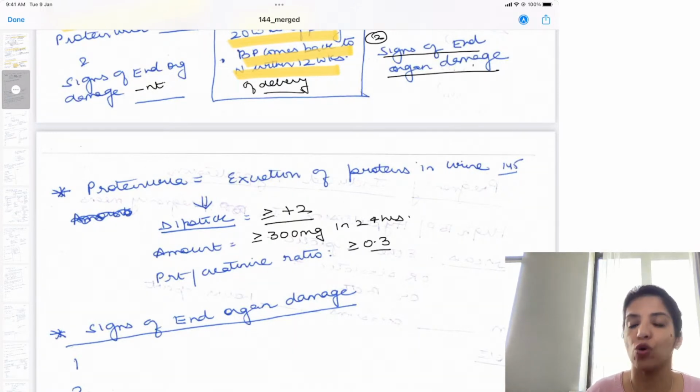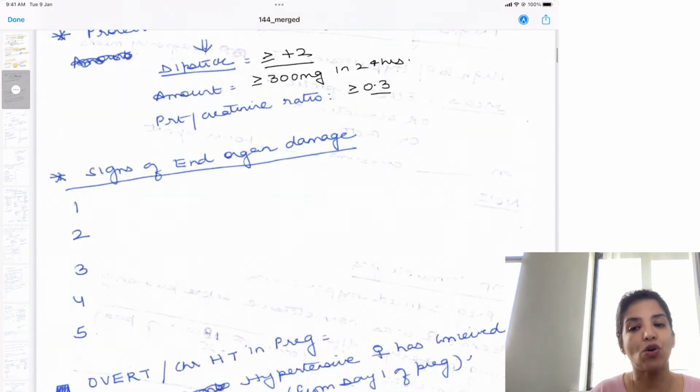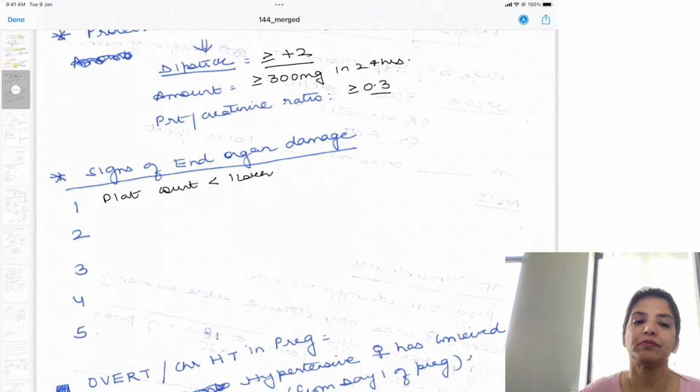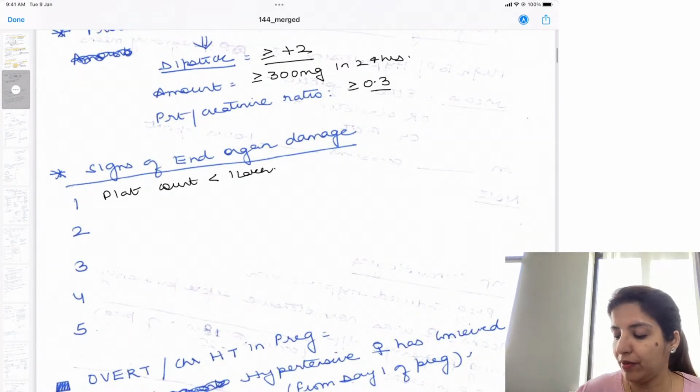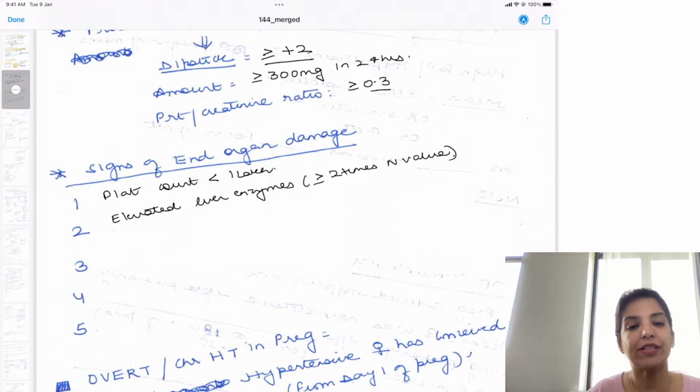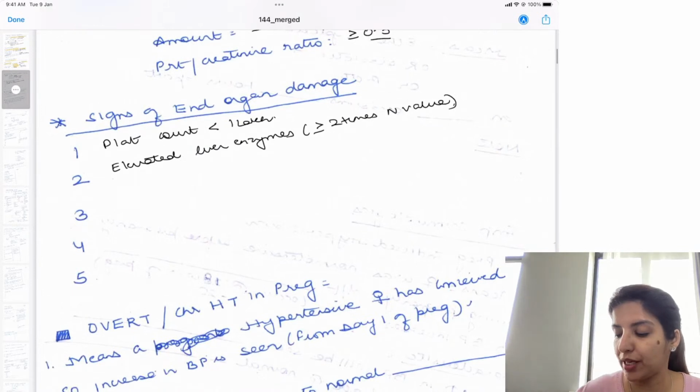Now, what are the signs of end organ damage? Number one, platelet count less than 1 lakh. Number two, elevated liver enzymes to more than 2 times their normal value. Then number 3, serum creatinine more than equal to 1.1.